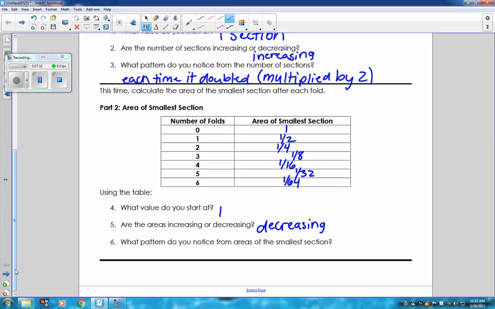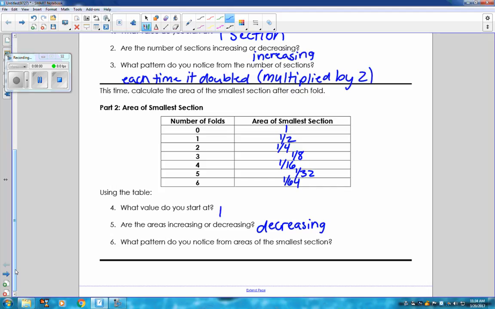We didn't subtract 1/2. Something happened with the 1/2. Okay, we can say it one of 2 ways. Multiply by 1/2, or we could have said that they divided by 2. It's the same thing.